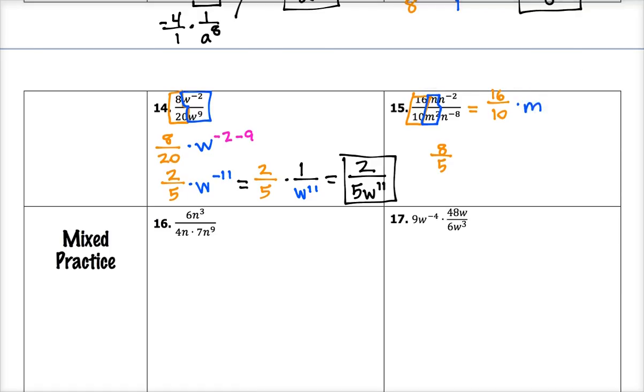So this is m to the 1 minus 2 power, which is m to the negative 1st. Finally, we have n to the negative 2nd divided by n to the negative 8th. So this is n to the negative 2 minus negative 8. So double sign, n to the negative 2 plus 8, and that gives us n to the positive 6 power.